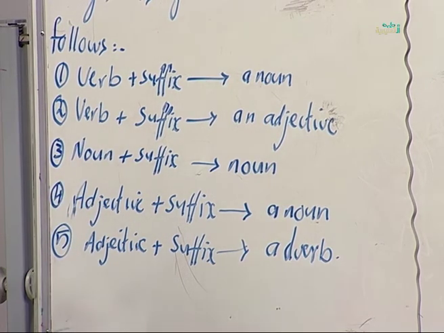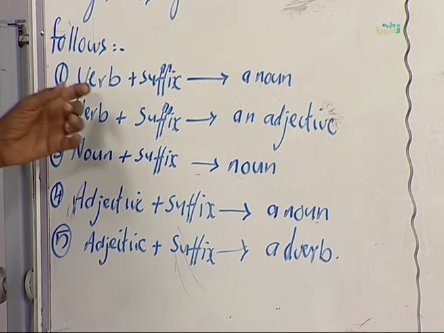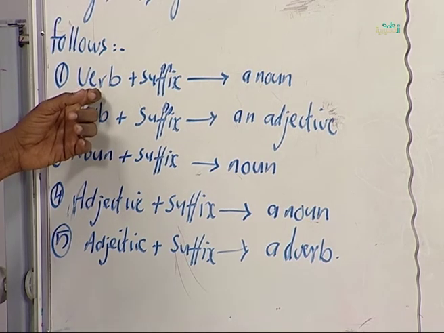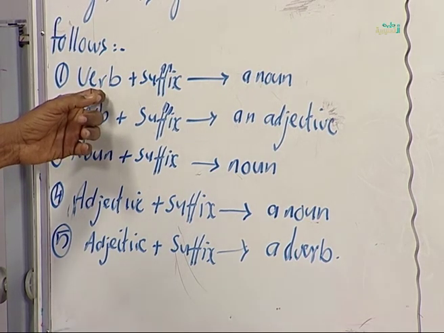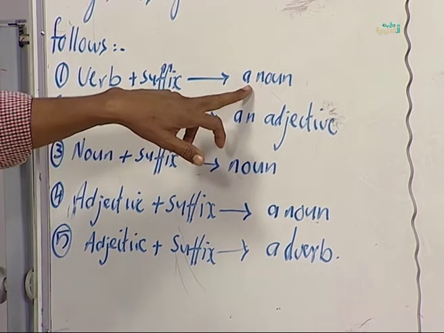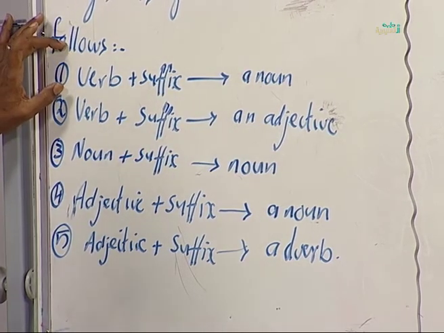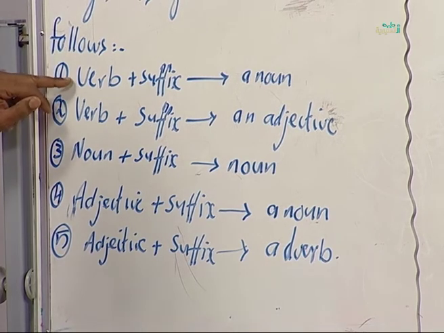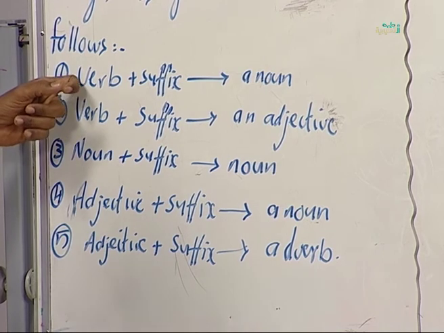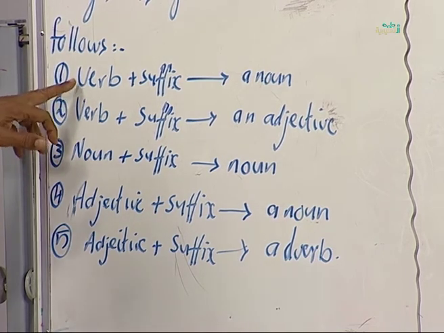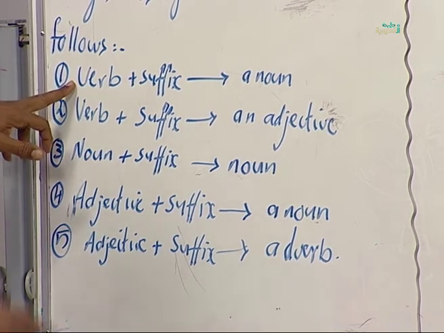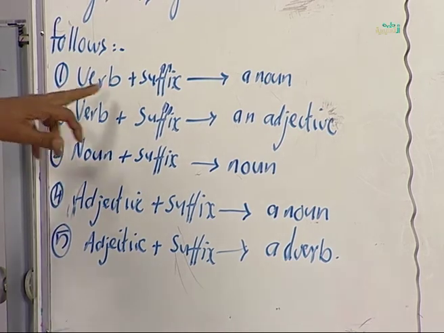As you see, when we add a suffix to a verb, we change it to a noun. And this means if we have a verb, and you know that the rules of the verb differ according to the tense, then we are going to change the rule for the word.